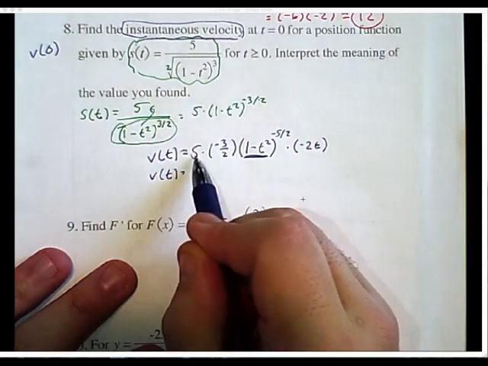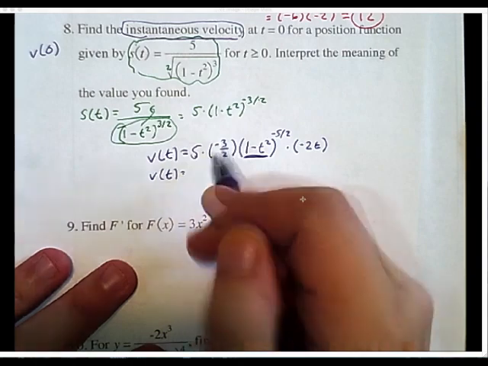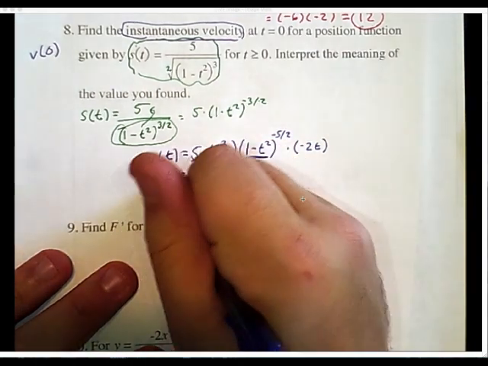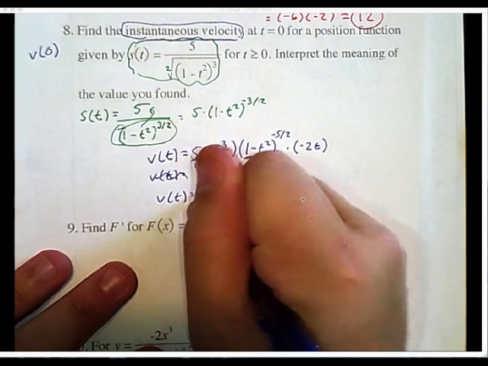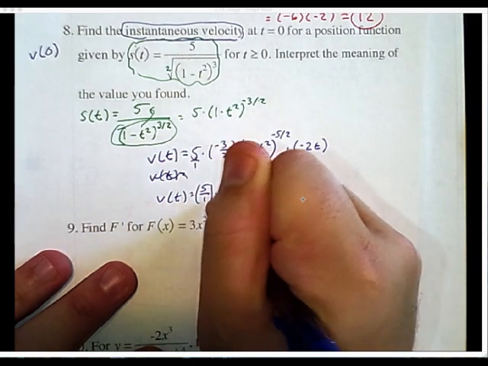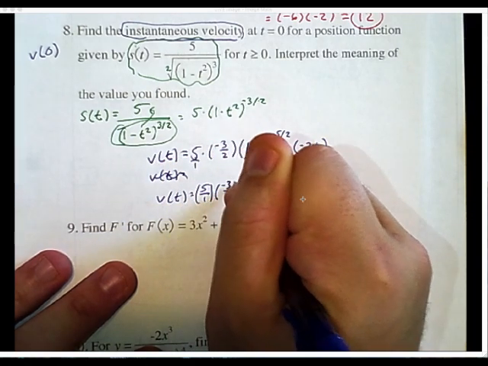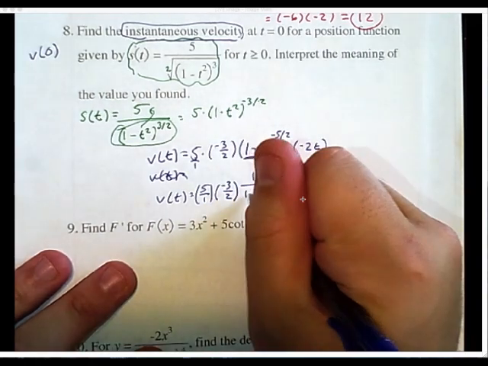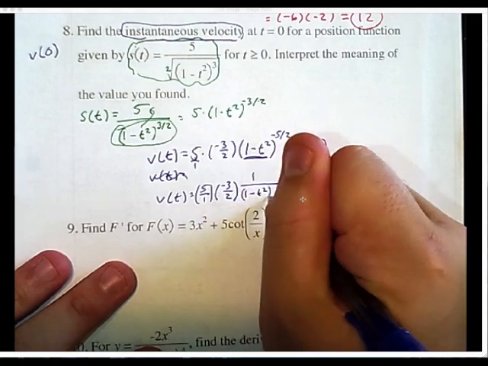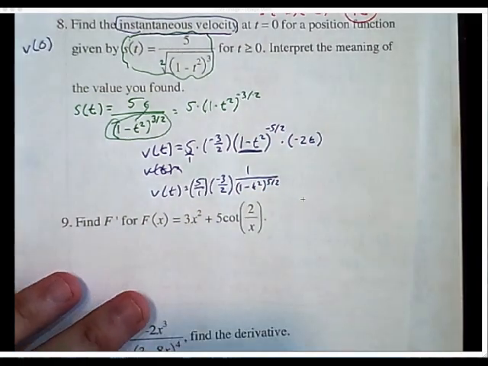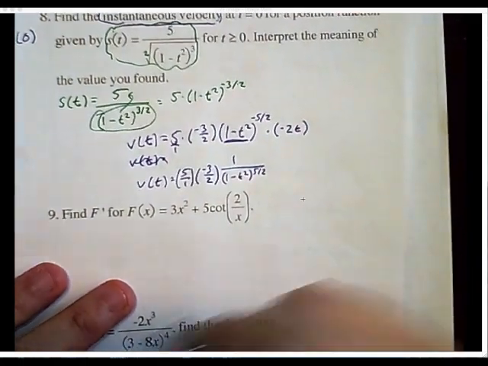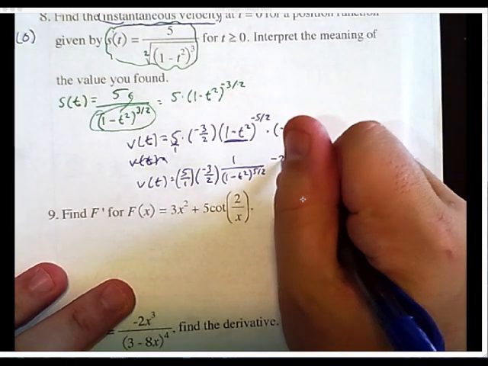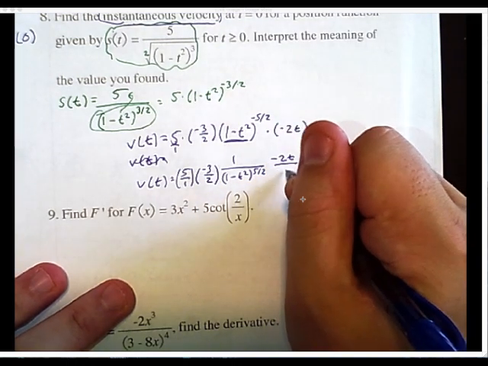So the derivative of 1 minus t squared would be negative 2t. So here, 5 times, this is like 5 over 1. So if I want to rewrite it, I got 5 over 1 times negative 3 over 2 times 1 over 1 minus t squared to the positive 5/2 power times negative 2t over 1.